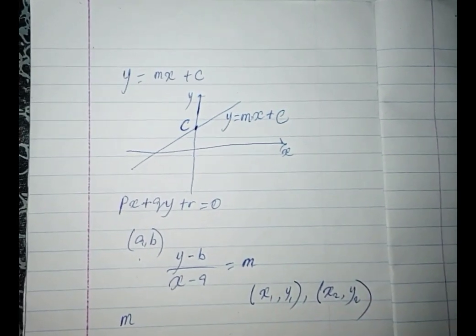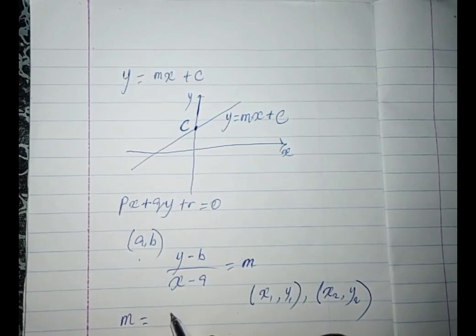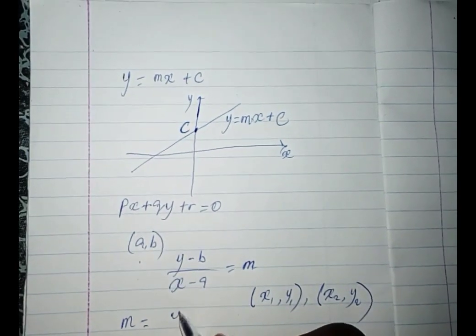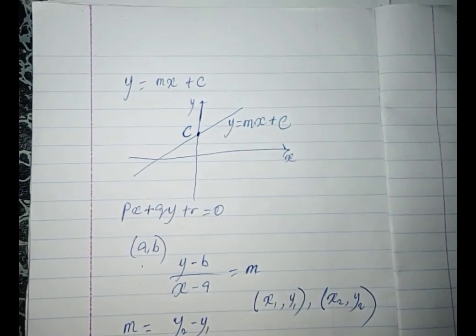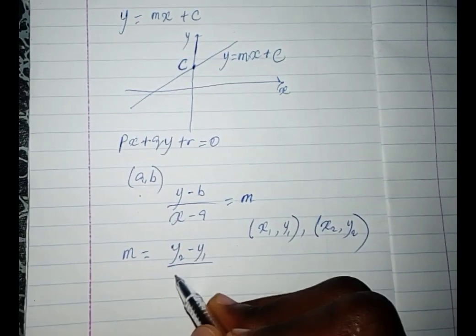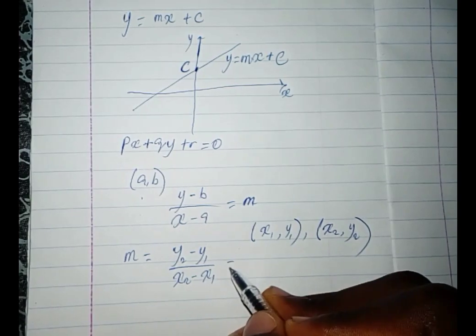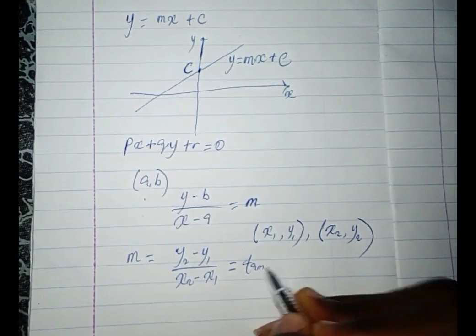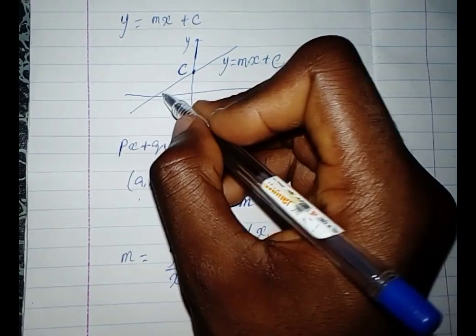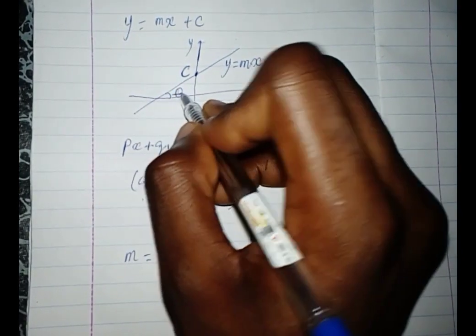The gradient of the line should be equal to y2 minus y1 over x2 minus x1. And you should also know that this is equal to tan theta, where this is theta.